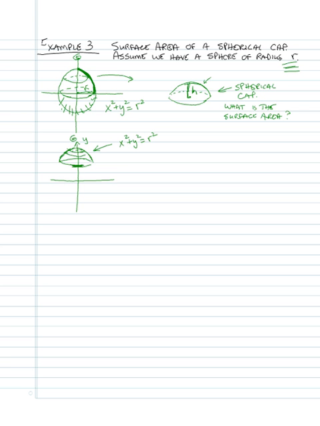Now, remember, this distance right here, from the base of the cap to the top of the cap, is this h that we referred to earlier. But also remember that this sphere has a radius of r. So from this x-axis clear up to this position, that's a distance of r. We just lopped off part of that sphere.